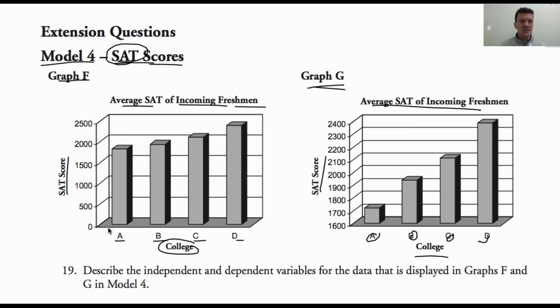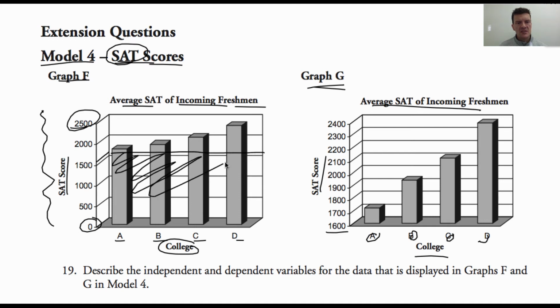The difference is along the y-axis. Over here they're starting at 0 and going up to 2,500, and in graph G they're starting at 1600. So they basically have chopped off everything below 1600. That's all gone.